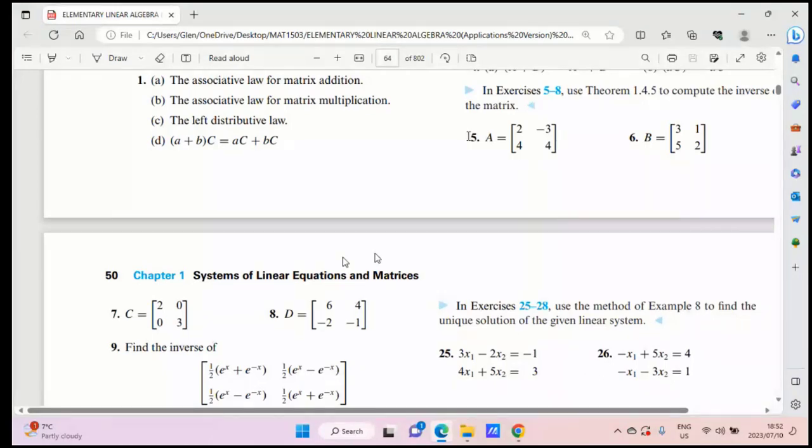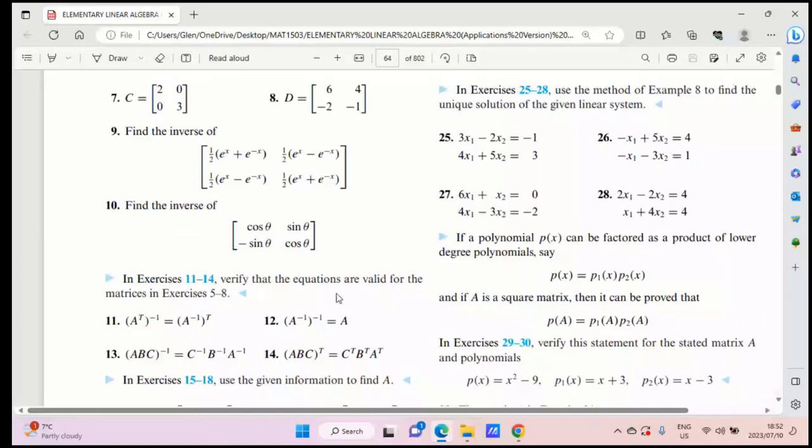Now, let's go to question 12. Please verify that the equations are valid for the matrices. But now, we are only starting to focus on number 12. Theo? Yes, sir. What are we saying on number 12?